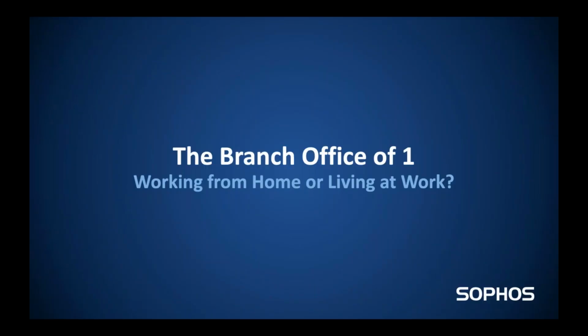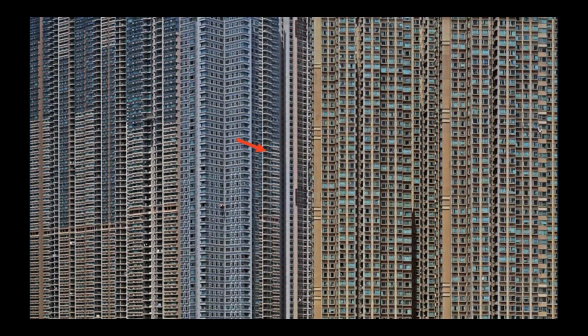And I like to refer to this new world order as really the branch office of one. Are we working from home or are we living at work? I guess it's a bit of both, really. But you've got this situation where one remote worker in their home can be somewhere, really anywhere in the world. I love this photo.